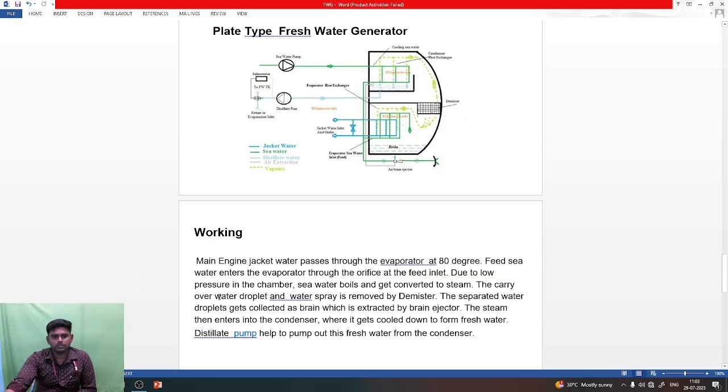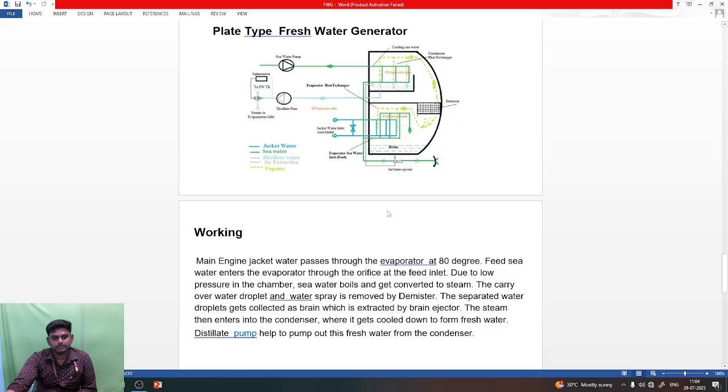Then the separated water droplets get collected as brine, which is expelled by the brine ejector. Here on the evaporator side, the remaining seawater goes to the brine stage, to the brine ejector. It's going outside.